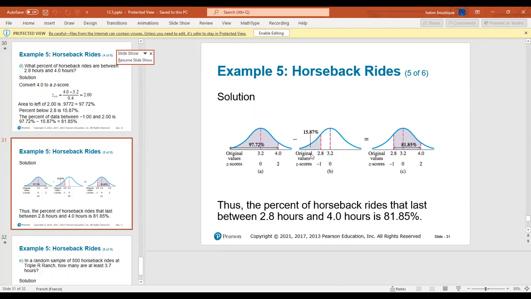The mistake I made was using greater than 2.8. If you take this area minus this area, you are left with the area between 2.8 and 4.0.